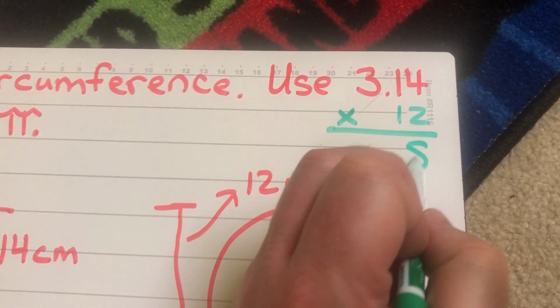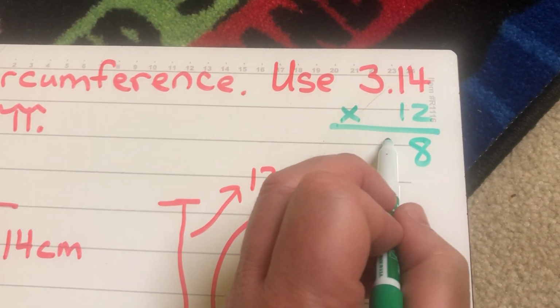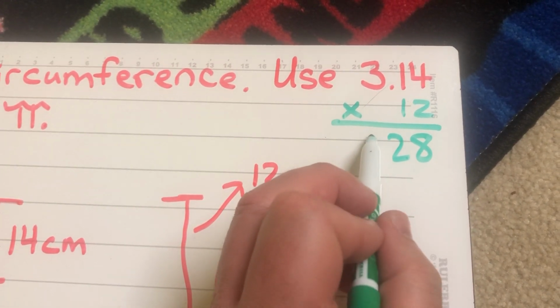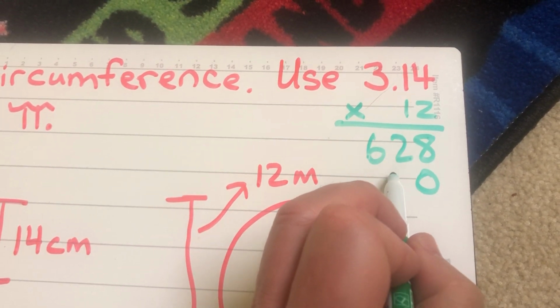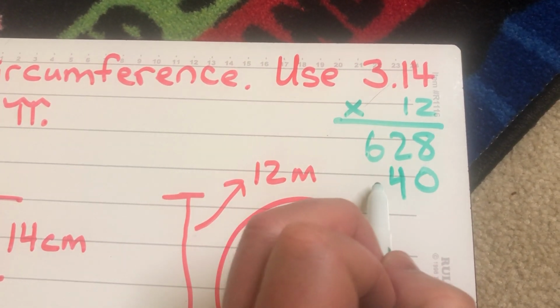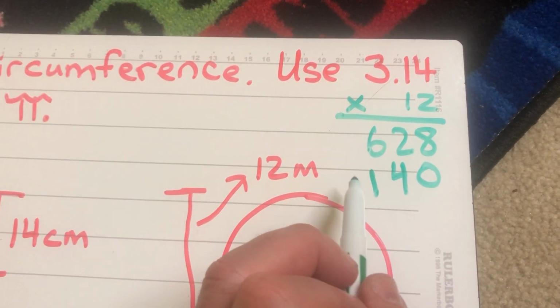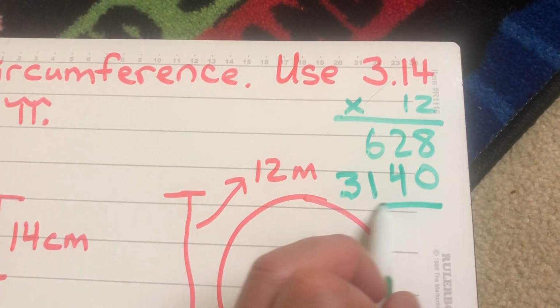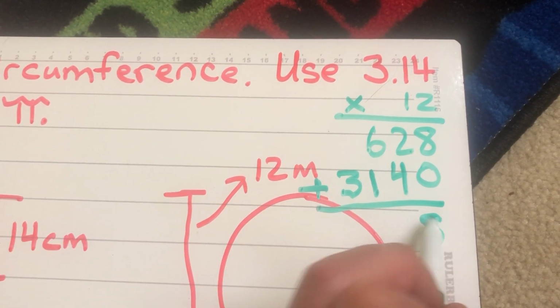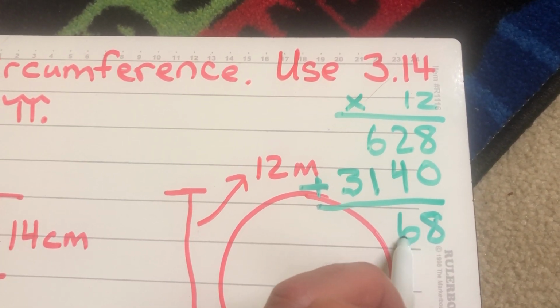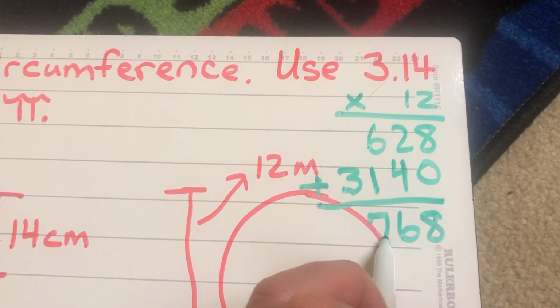2 times 4 is 8. 2 times 1 is 2. 2 times 3 is 6. Put the 0 down. 1 times 4 is 4. 1 times 1 is 1. 1 times 3 is 3. Now when I go ahead and add, 8 plus 0 is 8. 2 plus 4 is 6. 6 plus 1 is 7.